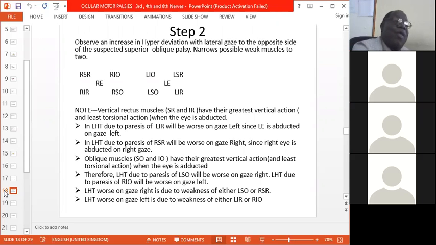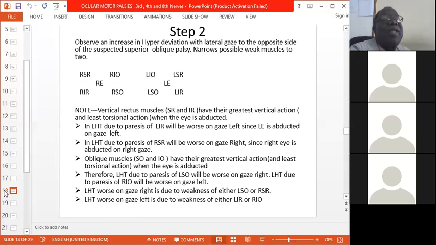So when you look there or you look this side, then you are watching the increase in hyperdeviation of this same eye. The one we are looking at is this one. What does it say? Observe increase in hyperdeviation with lateral gaze, this looking the other side, to the opposite side of the suspected superior oblique palsy.